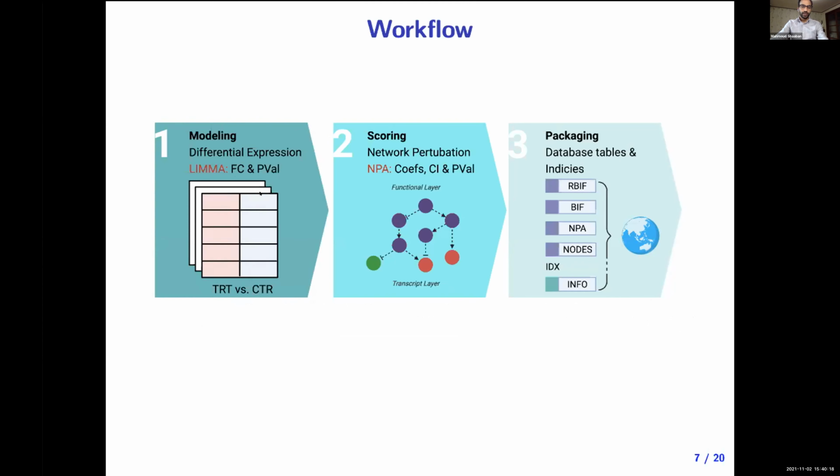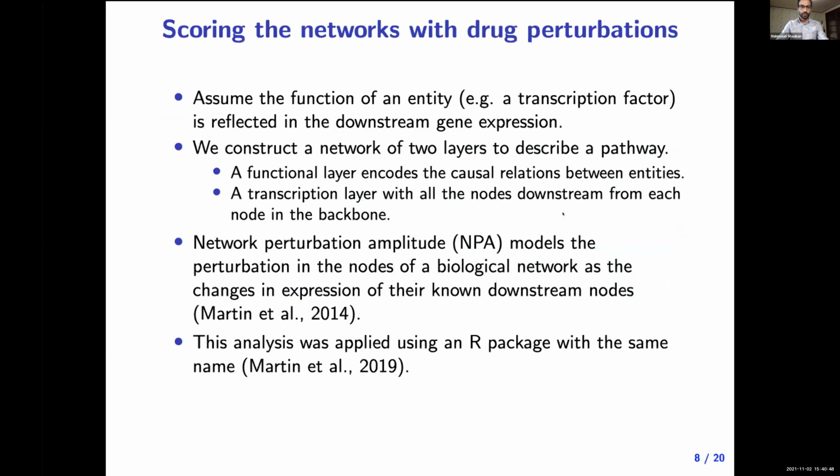Then we use this output to integrate it with the biological networks that we have in a package called MPA, and we can infer the activity of the nodes upstream from the changes in gene expression in the nodes downstream. And then I will package this output into a database and make this database available in an interactive Shiny app.